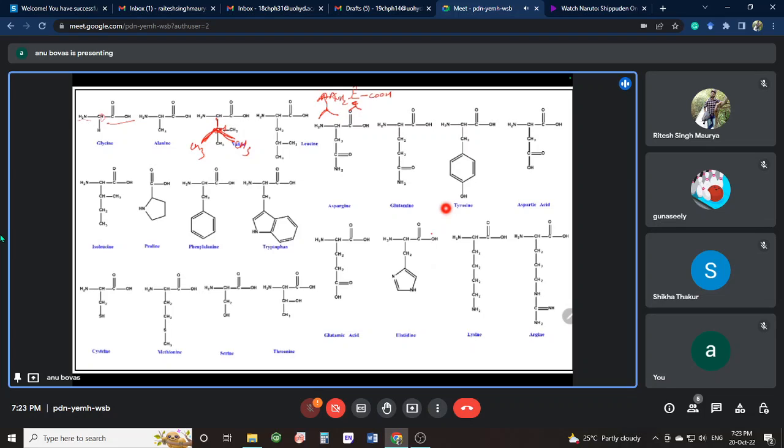If you know leucine, the isomer of that will be isoleucine. So now we already know 5 amino acid structures, and like this, we can learn all the structures. For example, phenylalanine: if we know alanine, we just add a phenyl group to alanine and we get phenylalanine. So these are easy amino acid structures.